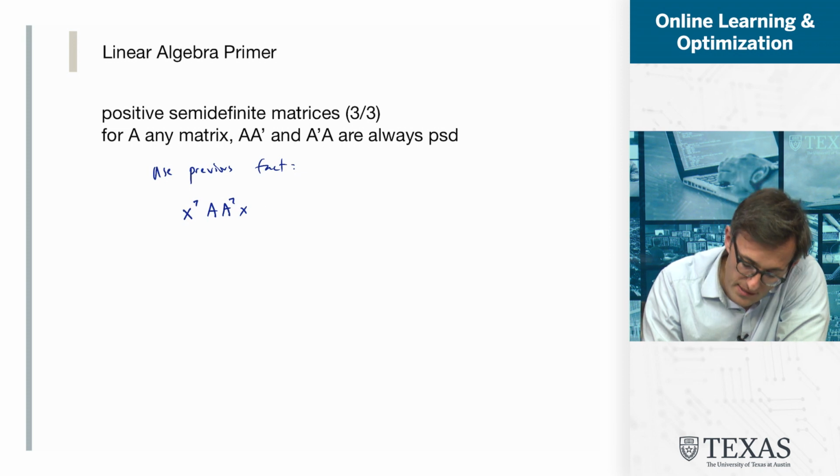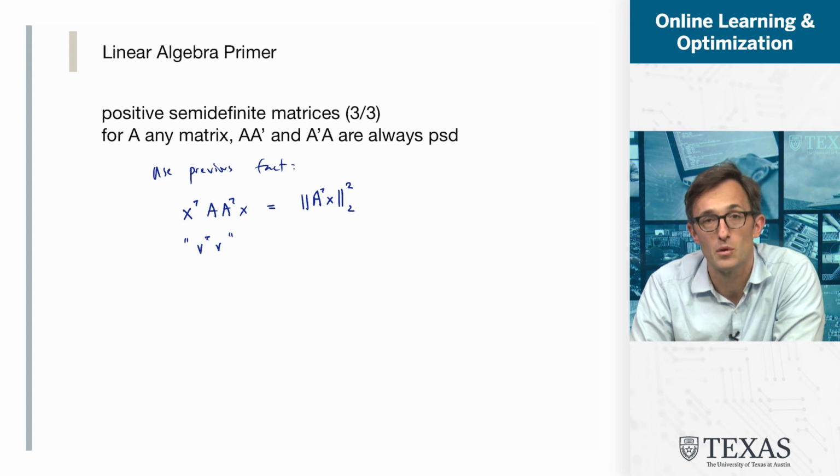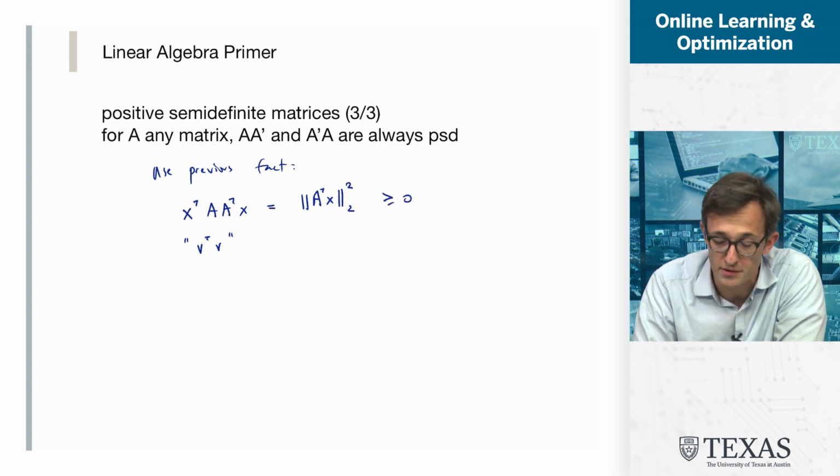But you can see that this is exactly equal to the norm of A x squared, because this is just of the form v transpose v, which is the Euclidean norm squared. So certainly this is greater than or equal to 0.